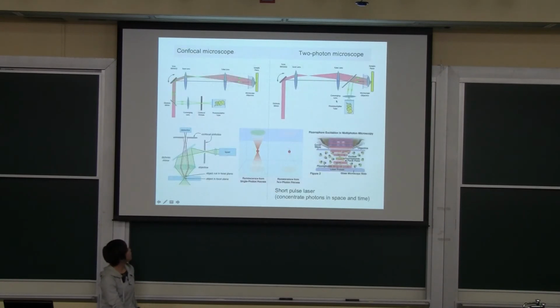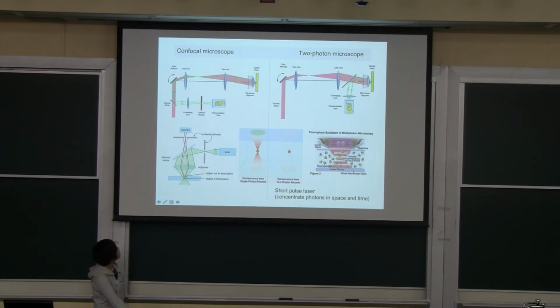Okay, so these are some more figures showing you the two major types of microscope that people are using, especially in vivo functional imaging. I don't think you need to understand every part of this, but let's just briefly go through.